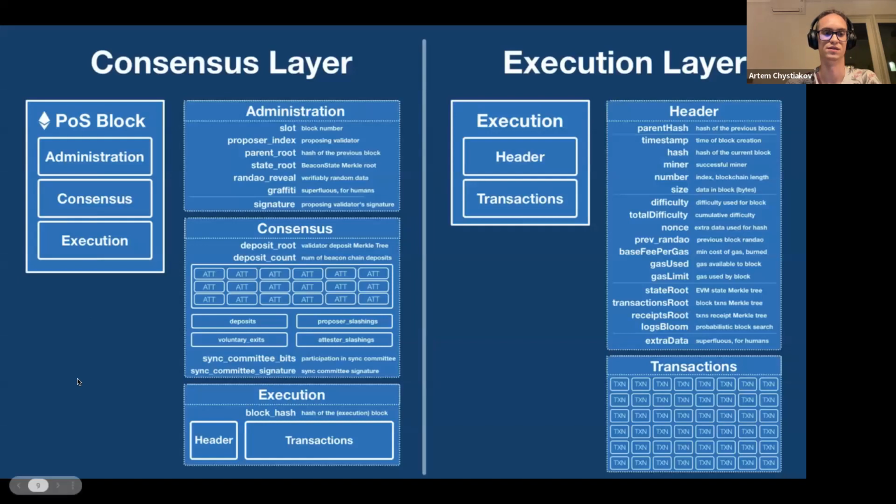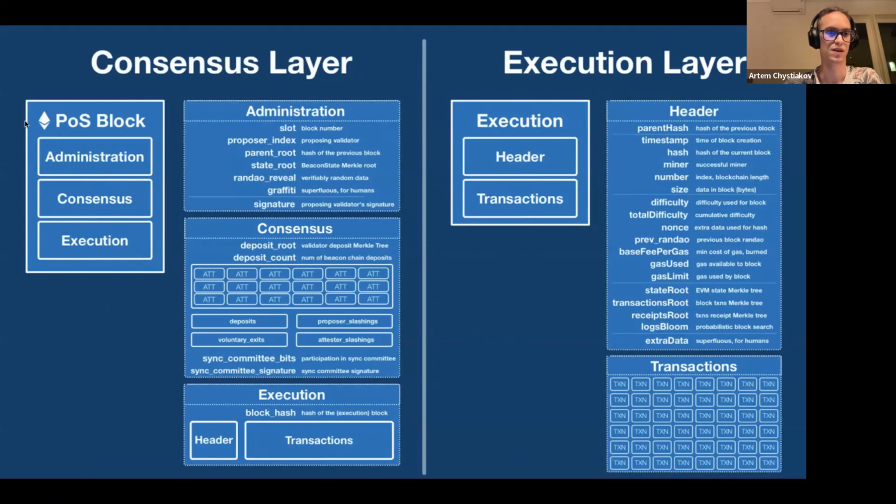So here is a diagram that is quite complex, but I'll look only at the execution layer of Ethereum in this lecture, because the consensus layer is actually out of scope of this course. It is a super advanced topic, and yeah, we won't cover it.